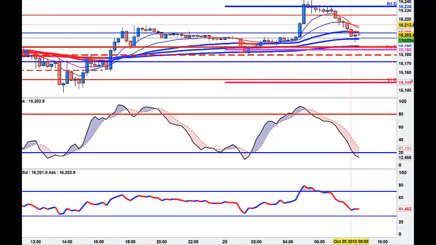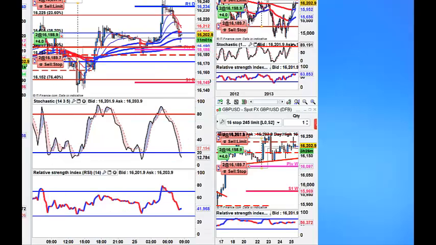You can see the 8 and 21 cross above us. So we have got a lot of overhead resistance. But I'm managing my stop. I might move my stop up to 190 now. So I am about 8-9 points off of my entries. My risk-reward ratio has improved.